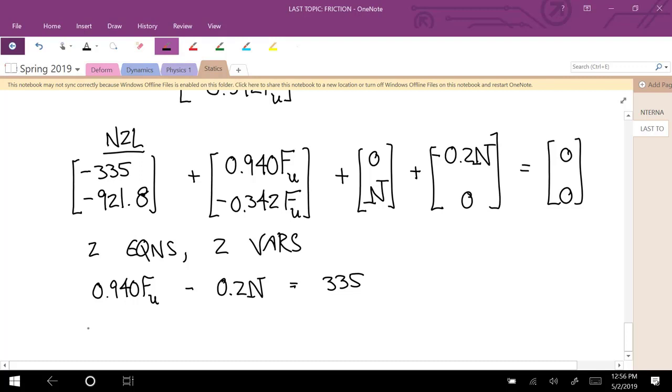And then the second equation says negative 0.342 FU plus N is equal to positive 921.8.